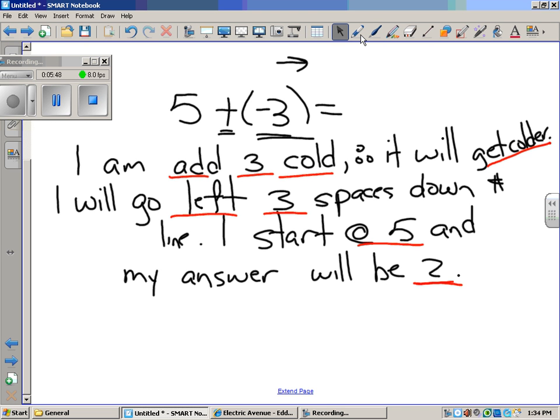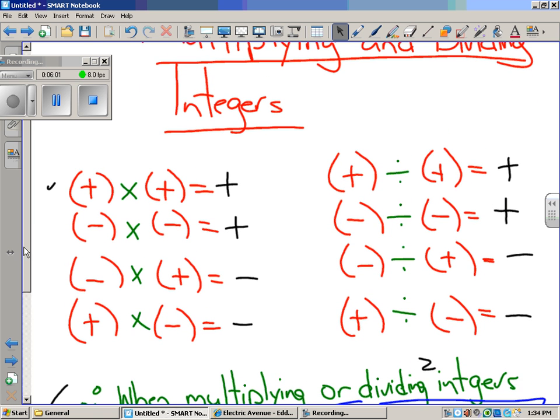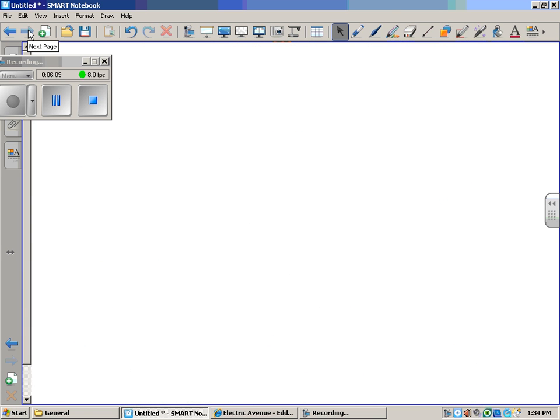So that's how we did the addition part today, and we did 2 or 3 days of that. Today we did multiplication and division. When we do multiplication and division, we're back to this chart here: if the signs are the same, it's positive. If the signs are different, it's negative. So the easiest questions you're going to get in grade 7 and 8 are something along the lines of this.